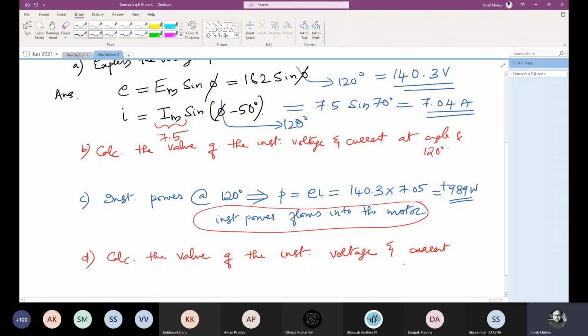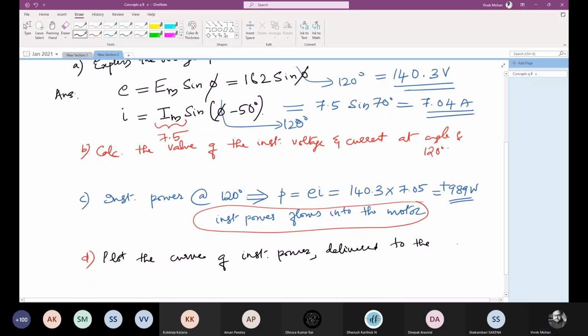Wait a minute, this is not okay. This is not calculate. Let me plot it, that's better, and you'll get a better idea. Plot the curve of instantaneous power delivered to the motor.